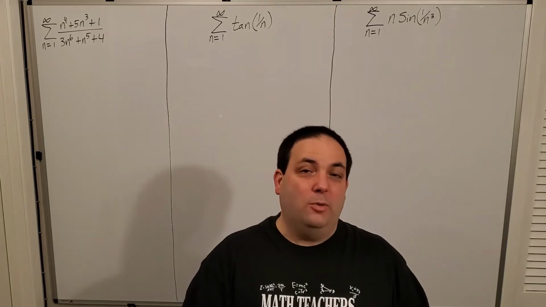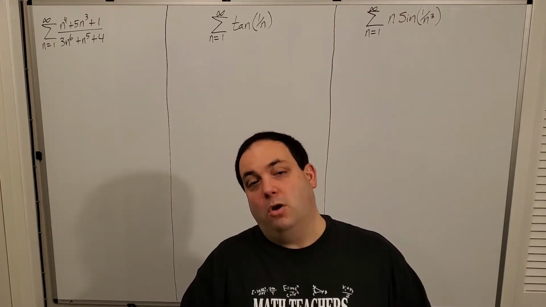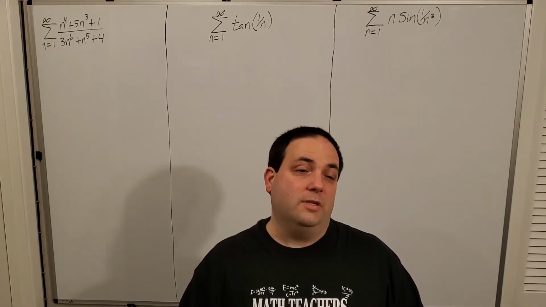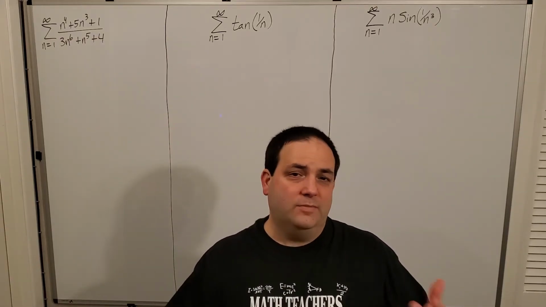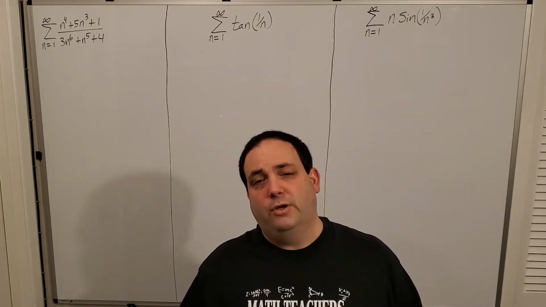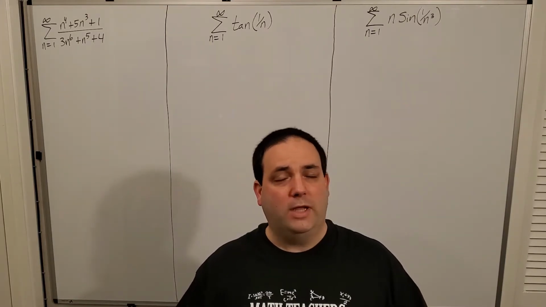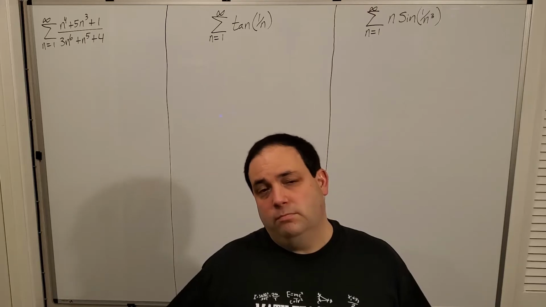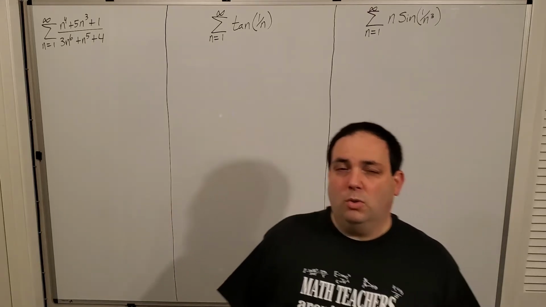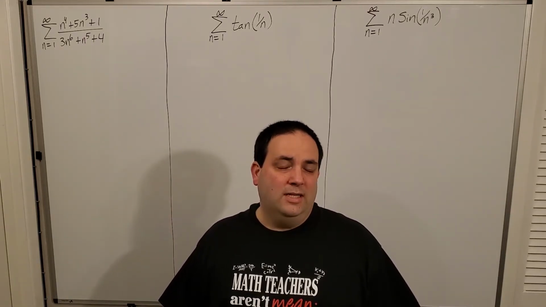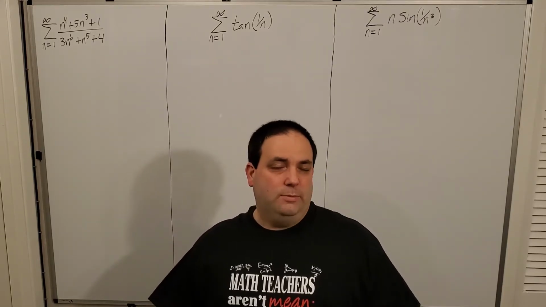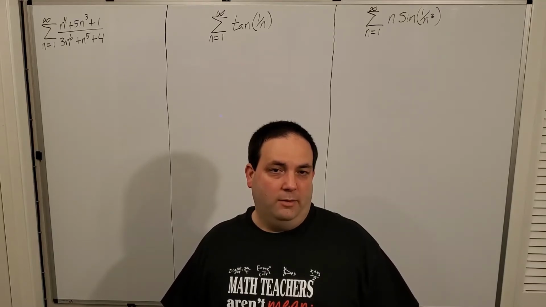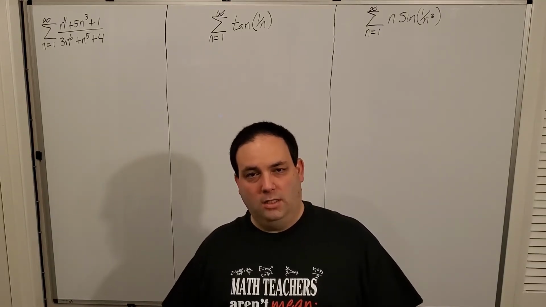That doesn't mean direct comparison doesn't fall into my repertoire, and I do use it sometimes, like the one earlier that had the ln inside of it. Some of those are just easier with direct comparison if you can play the little games with them. However, these 3, you really would want to use limit comparison simply because the limit that you can come up with is extremely easy to simplify with a little bit of Calc 1 knowledge.